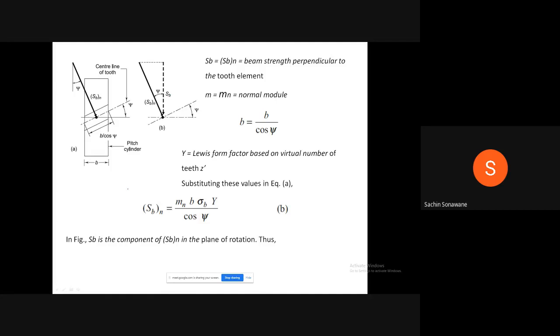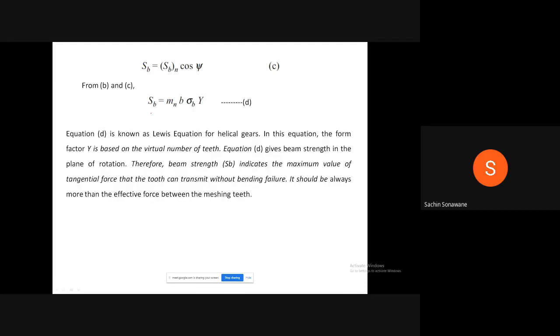Therefore, we will resolve this SBN into vertical component and horizontal component. SB is nothing but SBN cos psi. That cos psi will get cancelled and we will get finally beam strength SB is equal to Mn B sigma B into Y. Equation D is known as Lewis equation for helical gears.